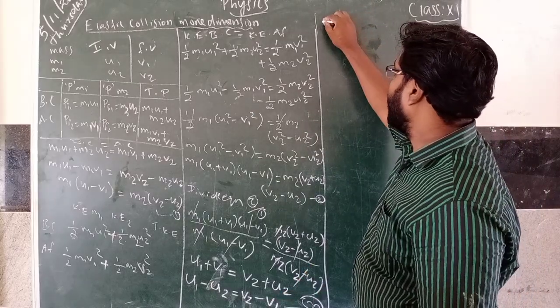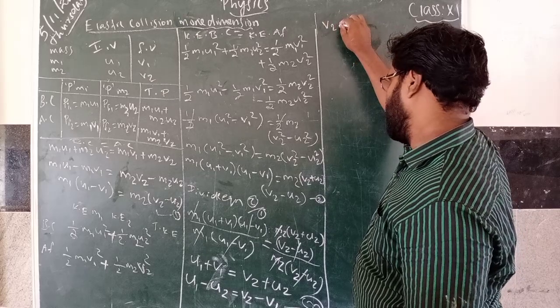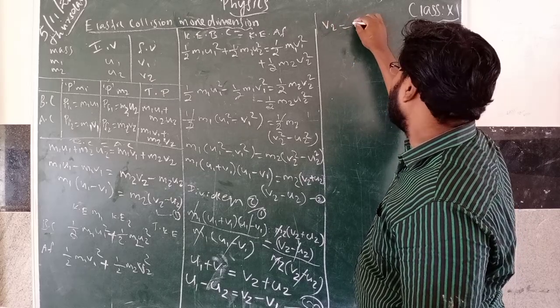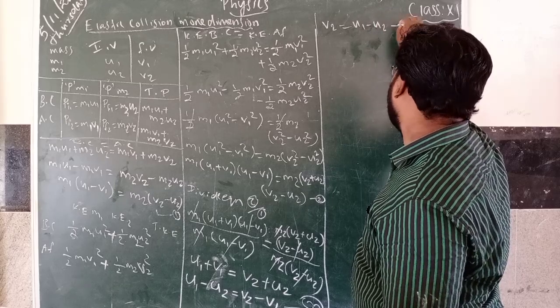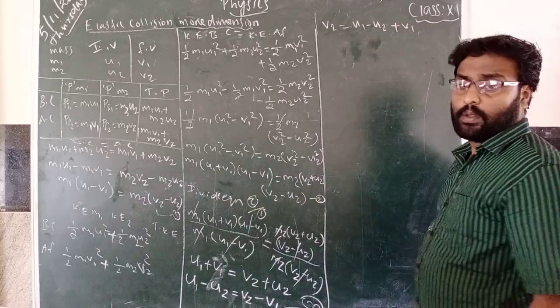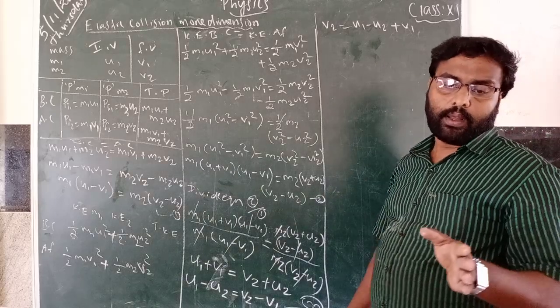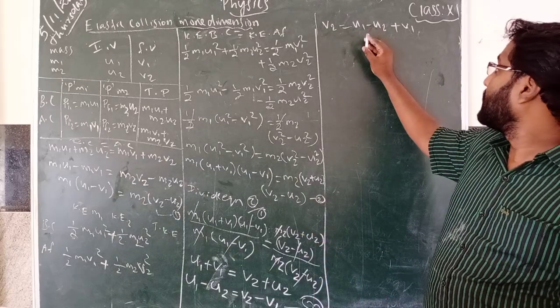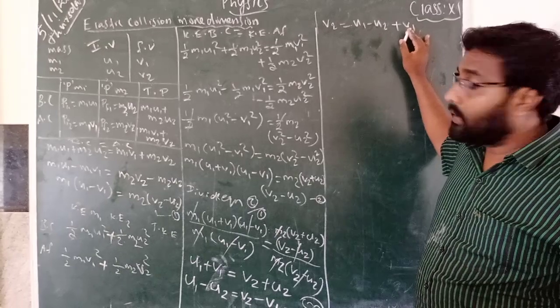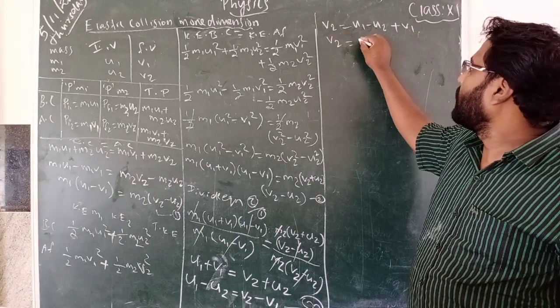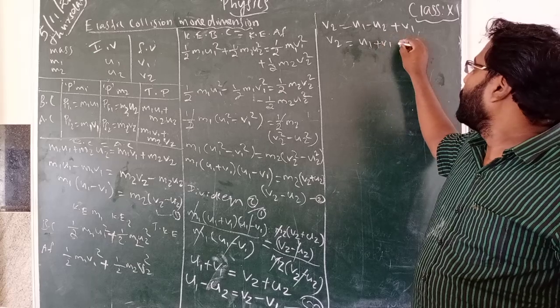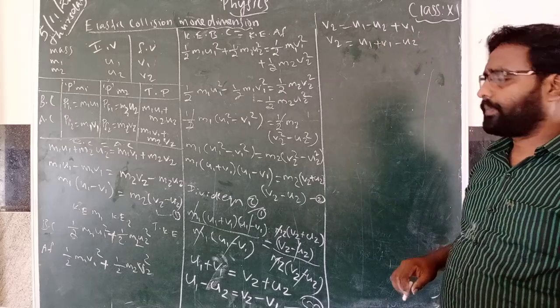Okay, first v2. v2 equal to u1 minus u2 plus v1. So v2 is equal to u1 plus v1 minus u2.